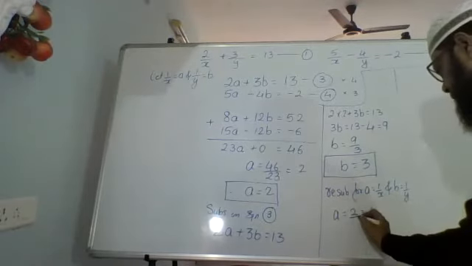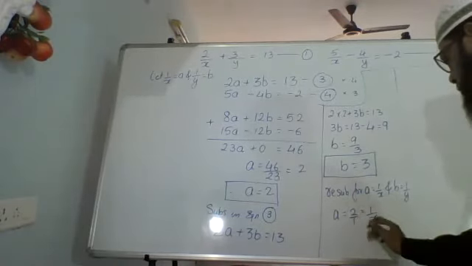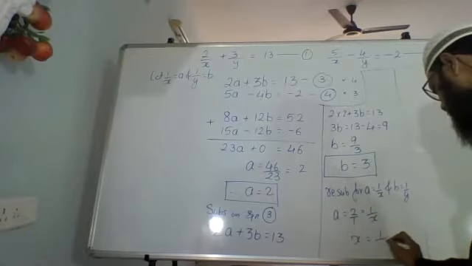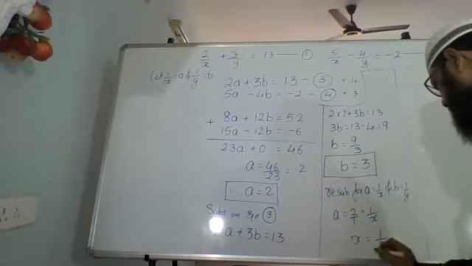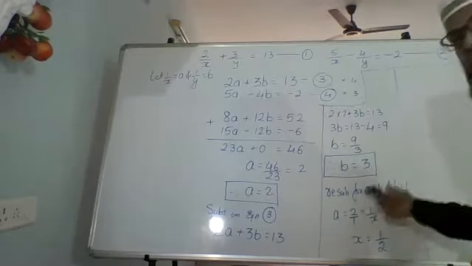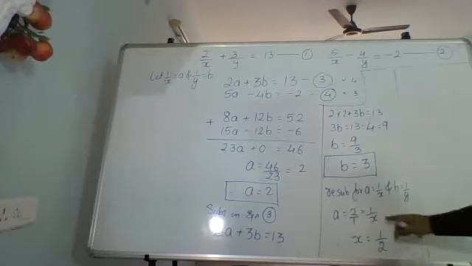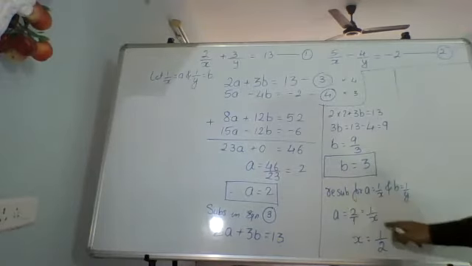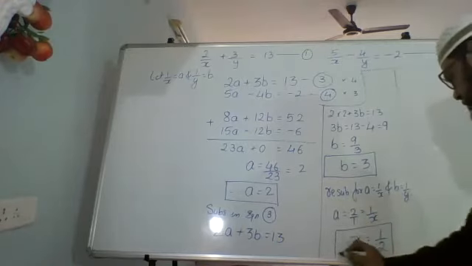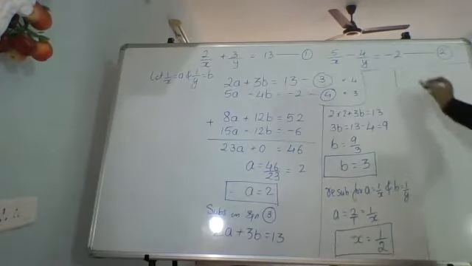Now this 2 can also be written as 2 upon 1. So x equals 1 upon 2 by invertendo. When we bring x over here, it will come in the numerator. We bring 2 over here, it goes in the denominator. So x equals 1 upon 2.